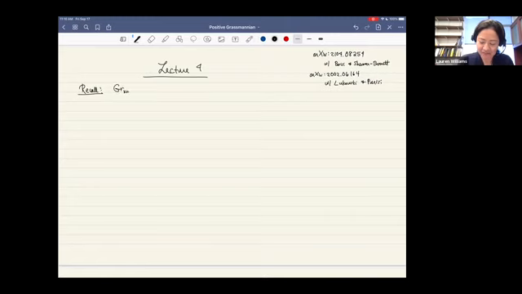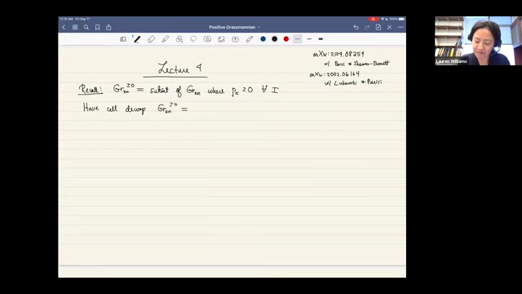So we have the totally non-negative or positive Grassmannian, which is the subset of the real Grassmannian where the Plücker coordinates are all non-negative. And in the first and second lecture, we talked about how we have a cell decomposition where we can write this non-negative Grassmannian as a union of positroid cells.